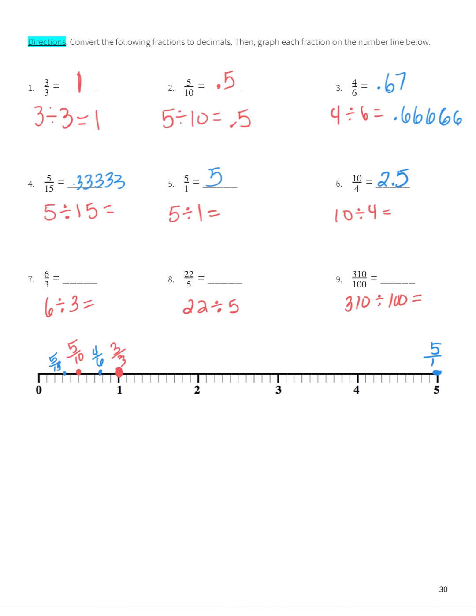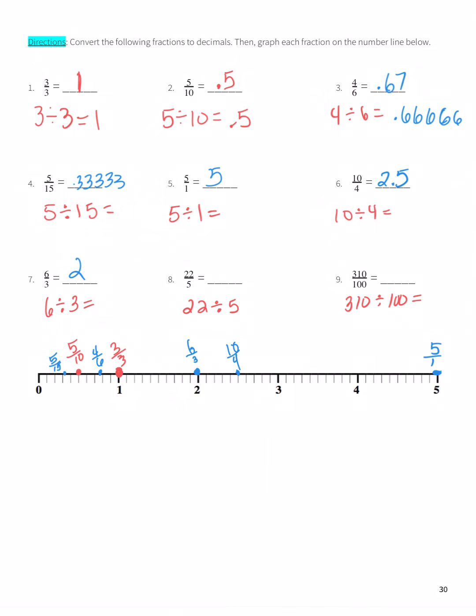And that is where the dot would go, and we would call that 10/4. All right, 6 divided by 3, number 7. 6/3, 6 divided by 3, that is 2. So the number would go on 2 on the number line. So that's 6/3.